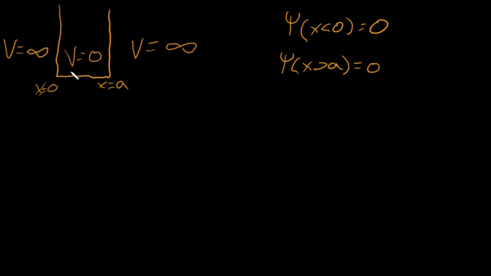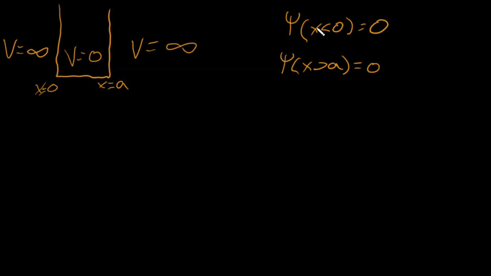There are other reasons too, that we'll get to later: the wave function has to be continuous. If it had some value right at this wall and then jumped to 0, it would not be continuous. So the wave function has to be 0 at the two boundary points in order to make physical sense. You can't have the particle with a probability of being at the one point where the potential becomes infinite.